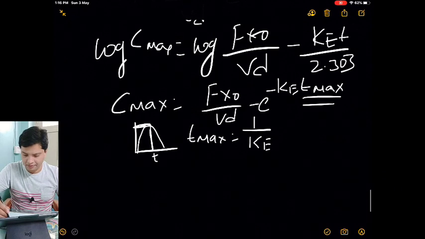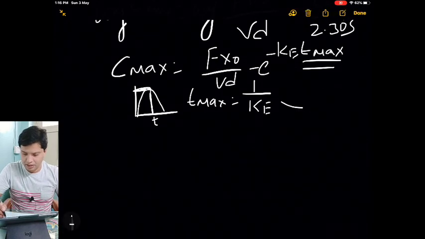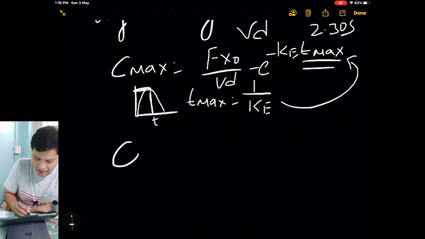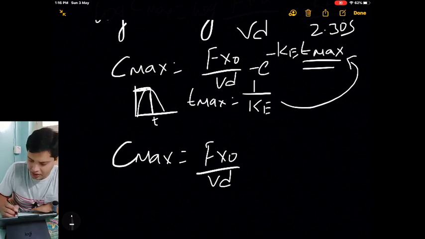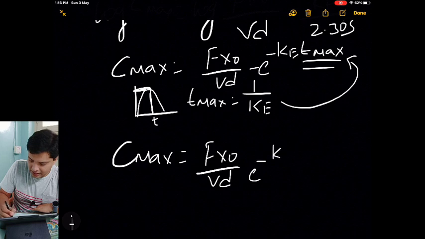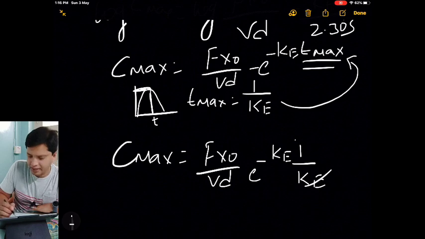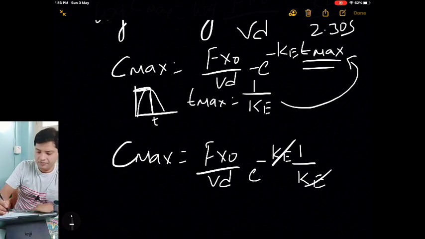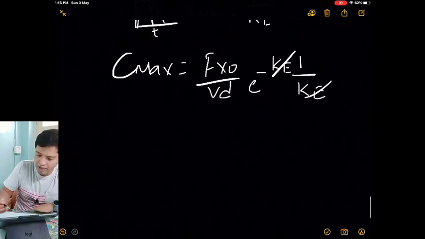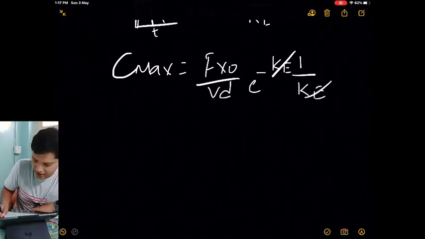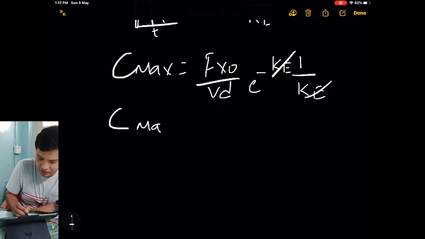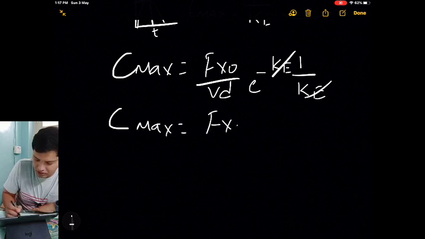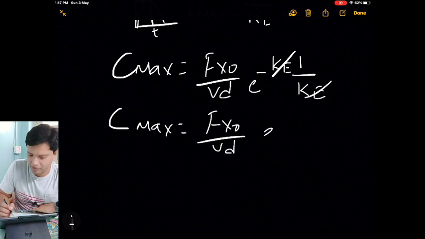So substitute this equation in the place of T max. What will you get? C max is equal to fraction X naught by Vd into e to the power of minus Ke, and in terms of T max, I substitute 1 by Ke. Whatever you get, it will get cancelled. So what remains here: C max is equal to fraction dose divided by volume of distribution into e to the power of minus 1.